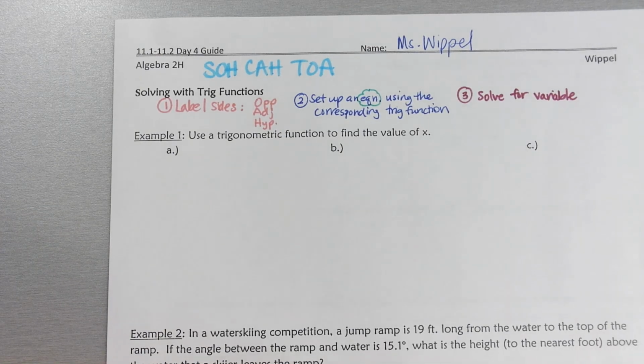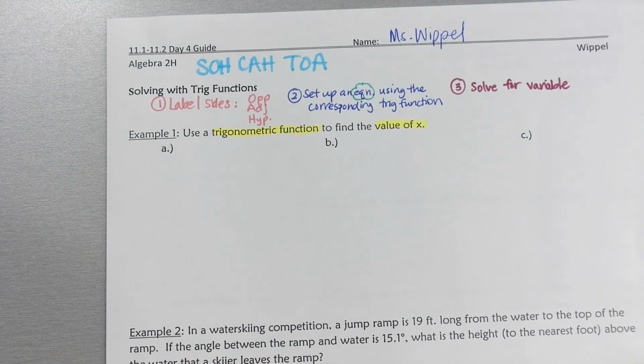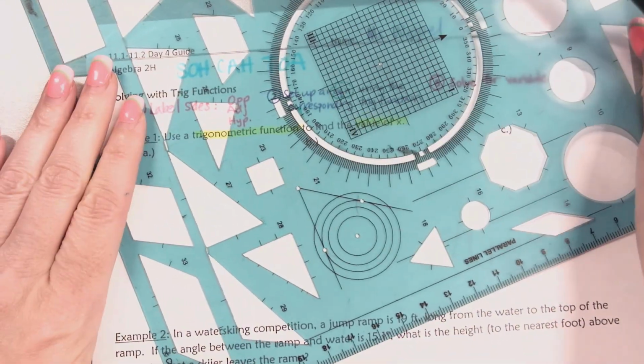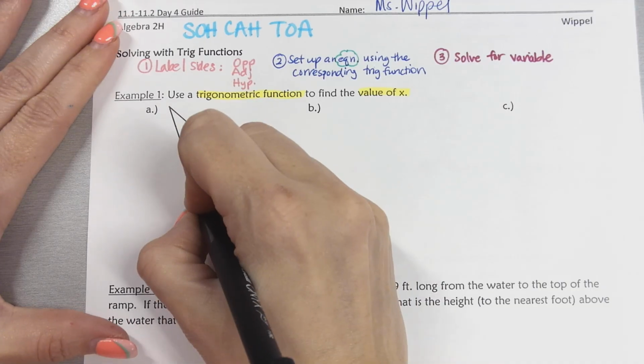For example 1, it says use a trig function to find the value of x, and I'm going to give you what the values are, what your triangles are. I'm going to be working with triangles today. Your triangles do not have to be perfect. I just want you to draw a right triangle.